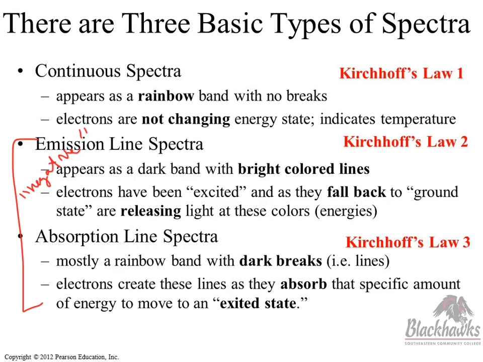They're negatives of each other. Emission lines, sometimes you'll see me call those bright line spectra. Energy is released. And then absorption line spectra, sometimes you'll see me call them dark line spectra. Not just me, but they can be called bright line and dark line. With dark lines, you're going to see that energy is absorbed. So they kind of suck a little bit of energy.